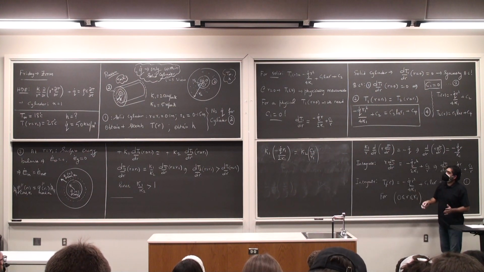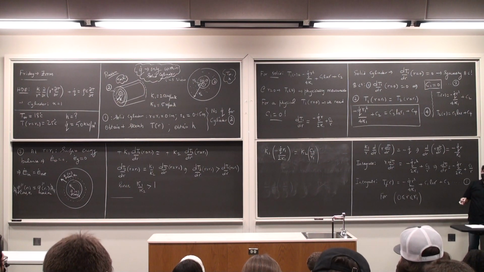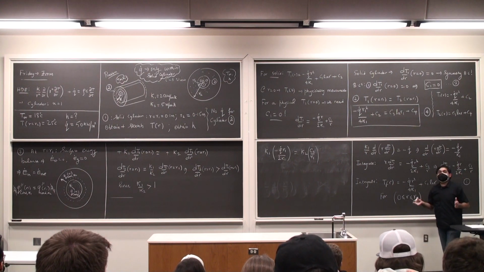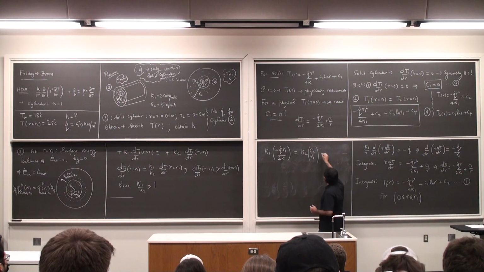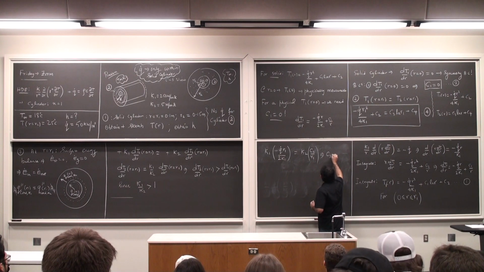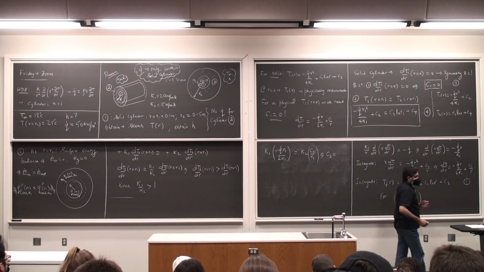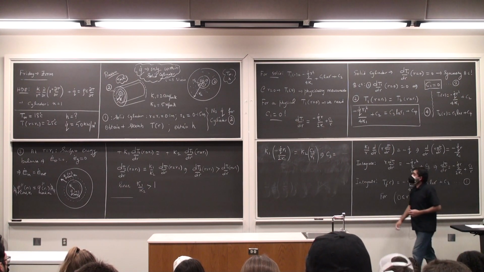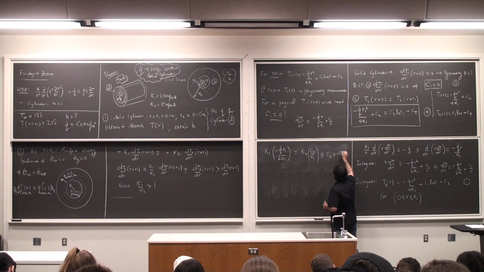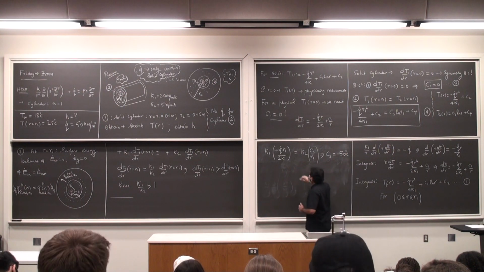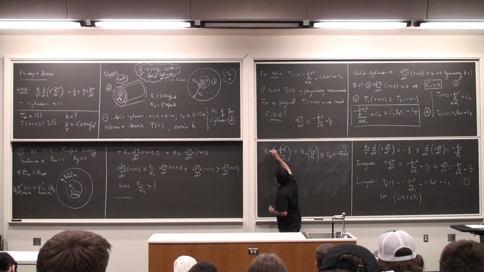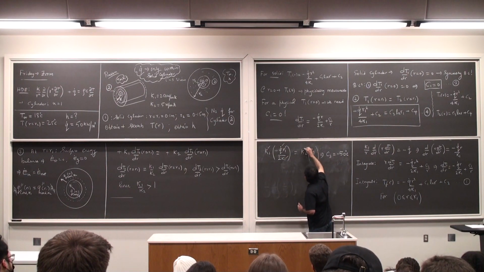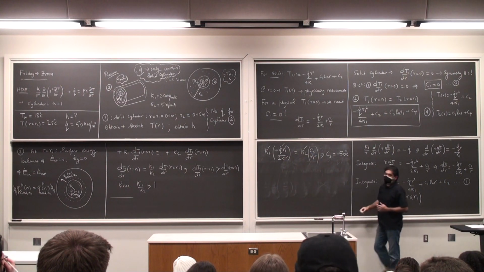K1 is known, K2 is known, R1 is known, Q dot is known, so I can calculate C3. And my value for C3 is minus 50 degrees Celsius. We know this, this is known, this is known, and R1 is also known.